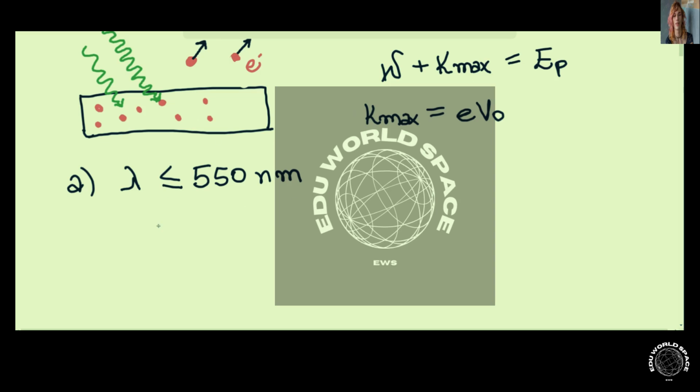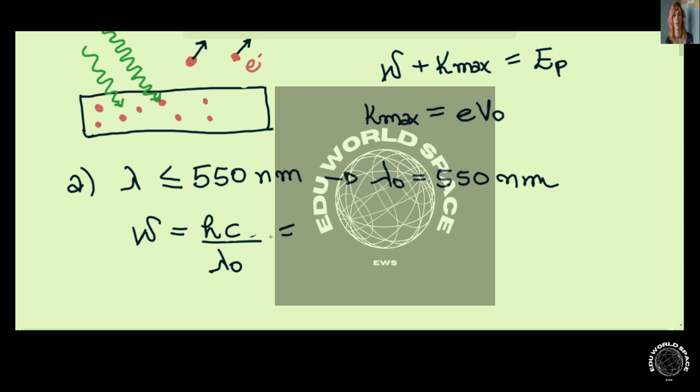So the work function is going to be given by the maximum value that lambda can have in order to observe the photoelectric effect: W = hc divided by lambda 0, where lambda 0 is equal to 550 nanometers.